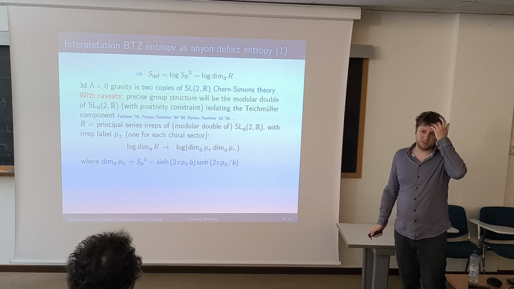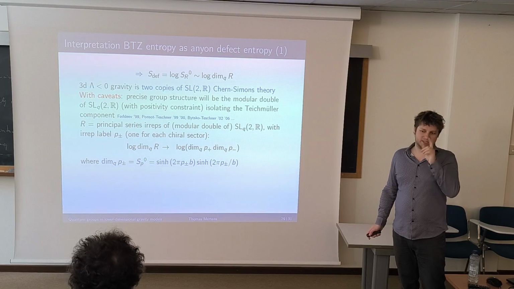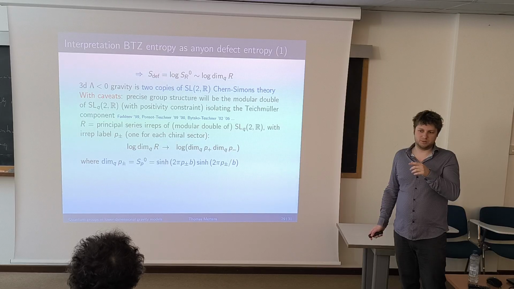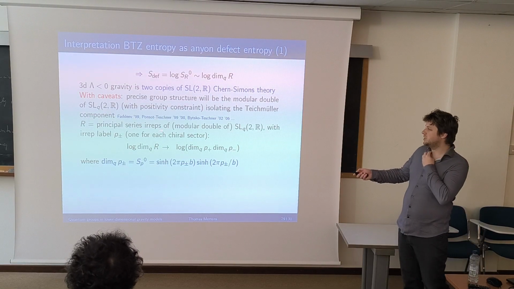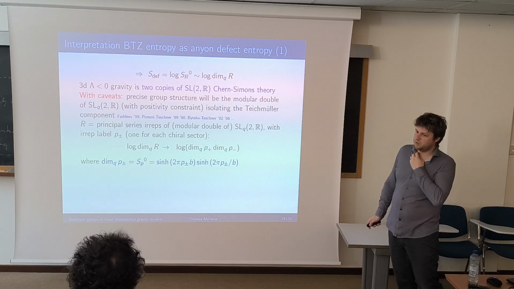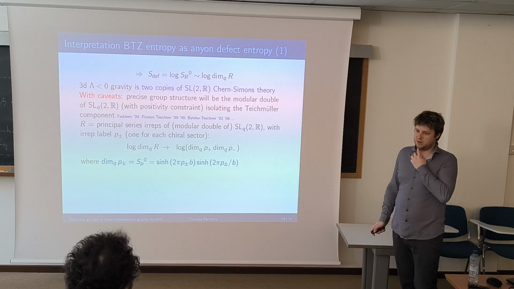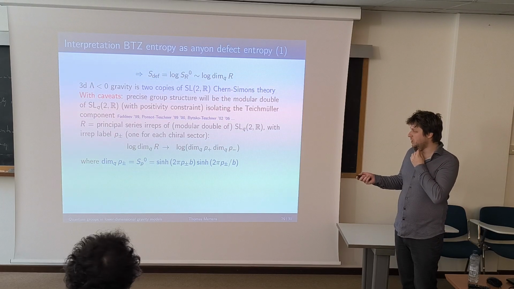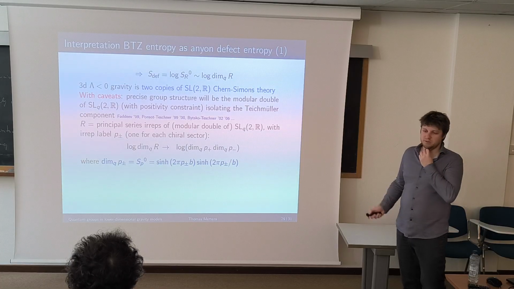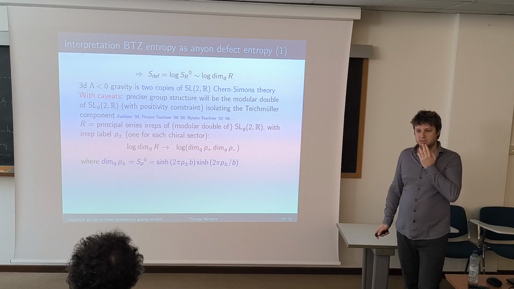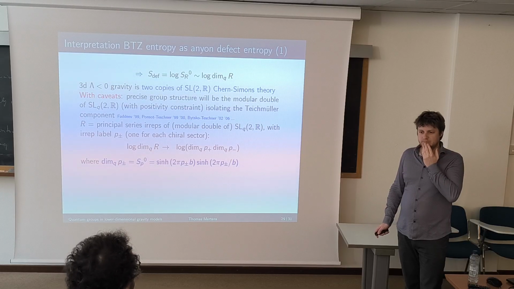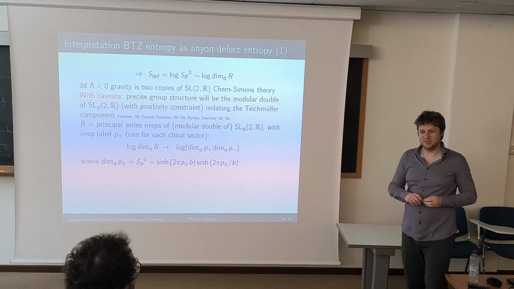This has several components, and one of them is called the Teichmüller component, and that's the one you should take. Taking that one solves this issue of non-degenerate metrics. So you can phrase this as a subtlety in picking the correct group theoretical structure underlying 3D gravity. The thing you have to pick is called the modular double of SL_q(2,R). That's the group theoretical structure you have to take for 3D gravity. But this is a long discussion.